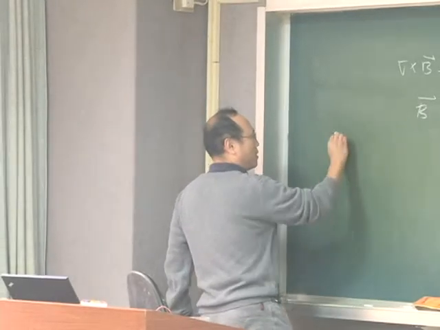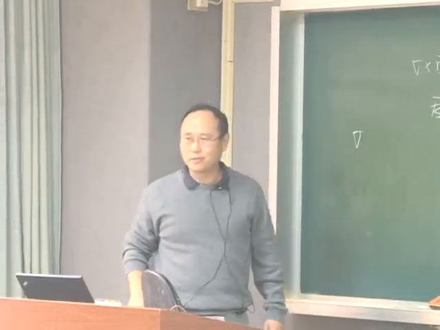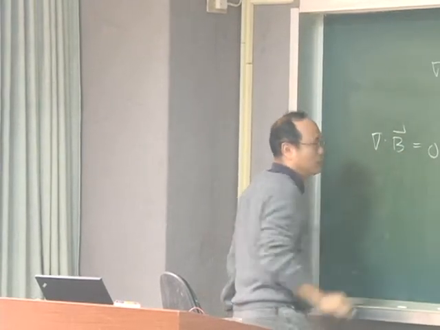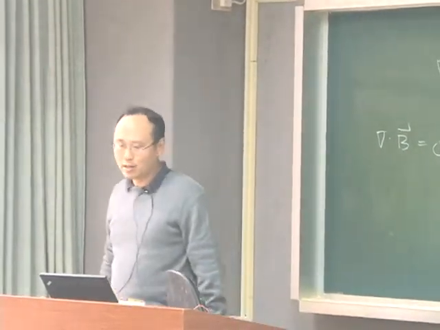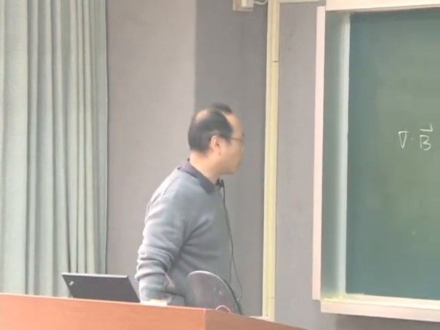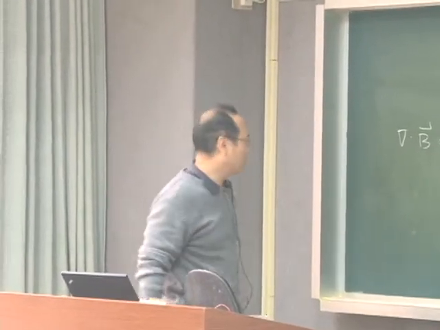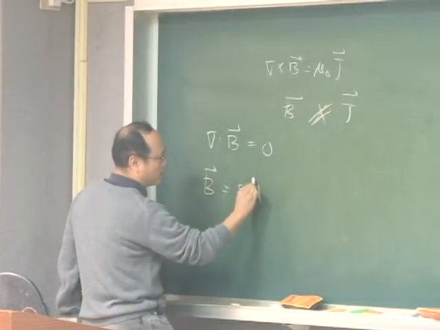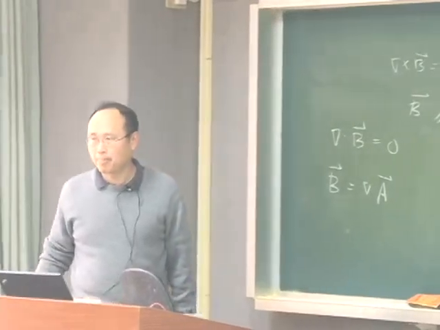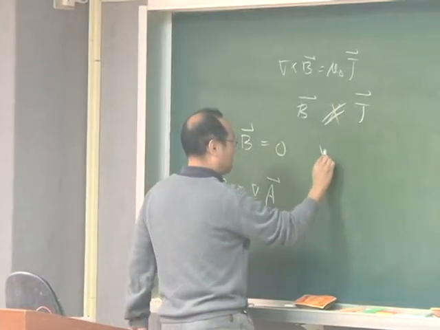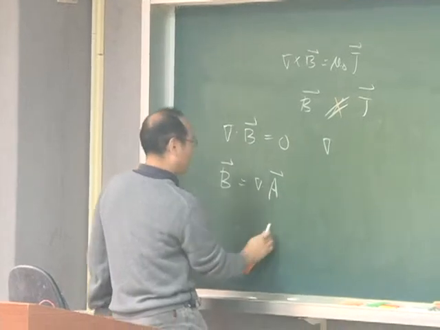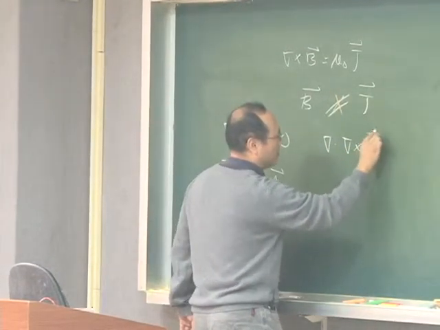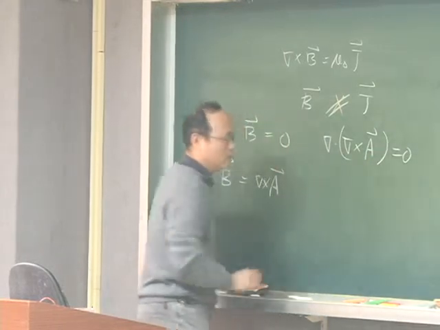And from the first postulate of the magnetic field, you have divergence of B equal to 0. But from one of the null identities, you can define B equal to curl of some vector, because divergence of curl of some vector is always equal to 0.